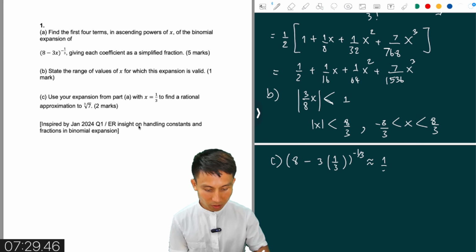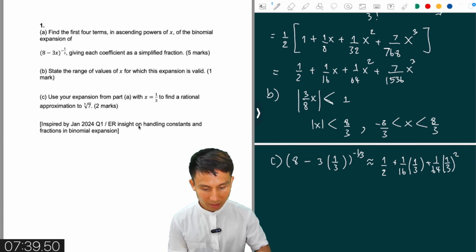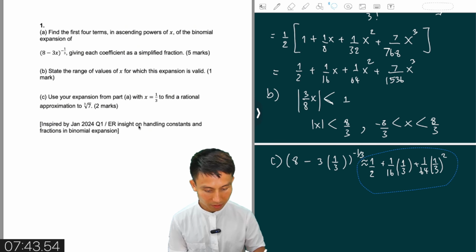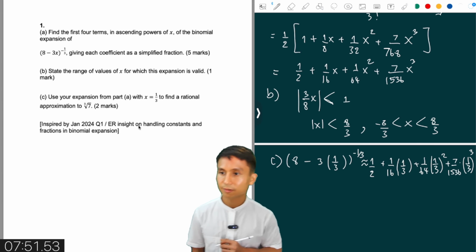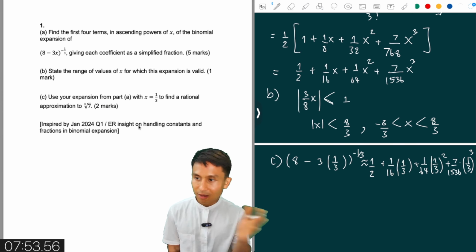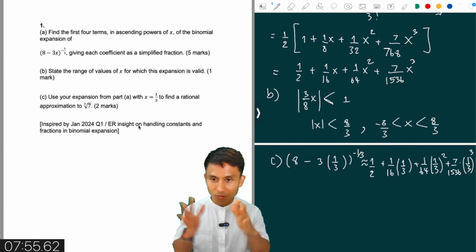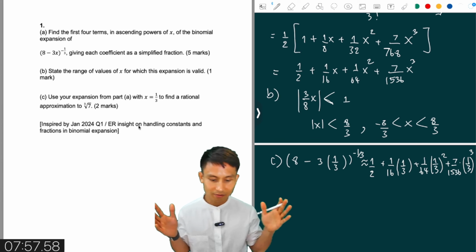So that's going to be 1 over 2 plus 1 over 16 times the x there, which is 1/3, plus 1 over 64 times the 1/3 squared, and then the other one plus 7 over 1536 times 1/3 cubed. You simplify both sides separately, don't move anything across the side, right?